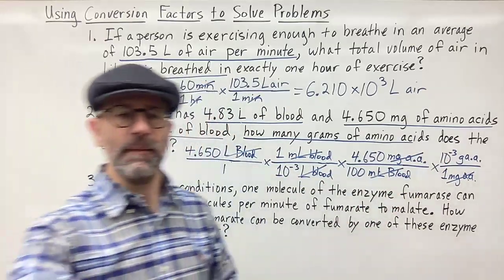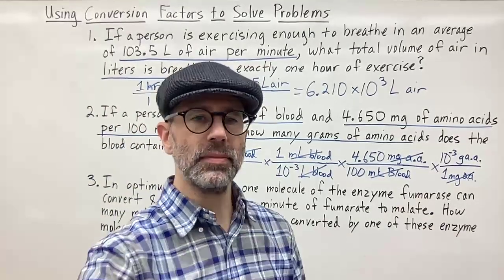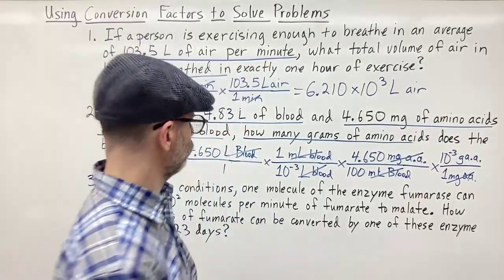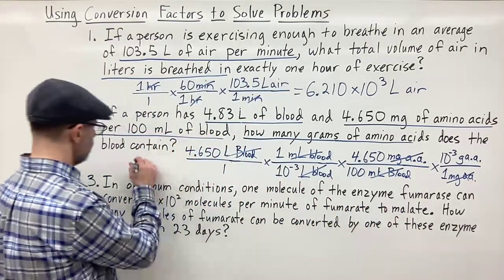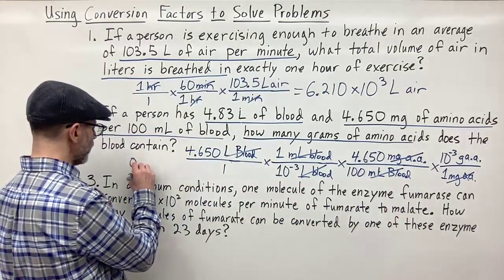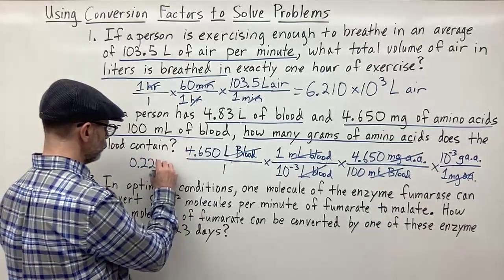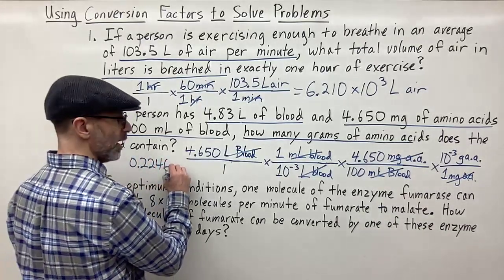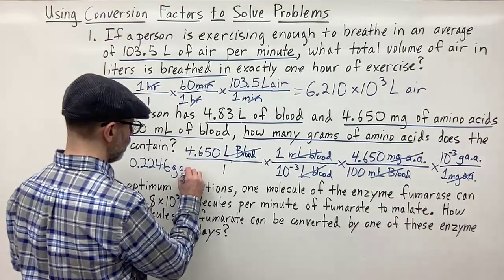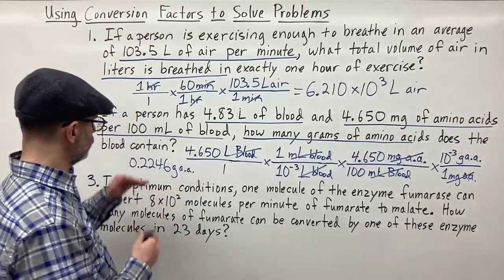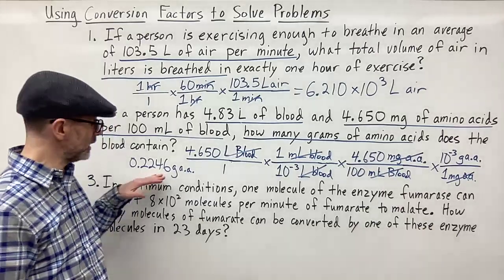When I do that, I get 0.2246, and that's going to be grams of amino acids. Now let's double check our sig figs here.